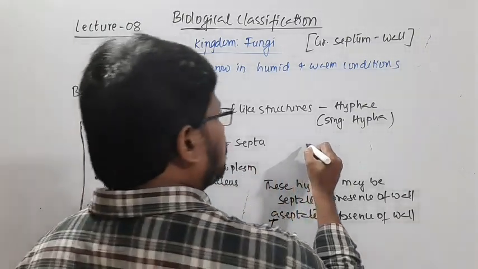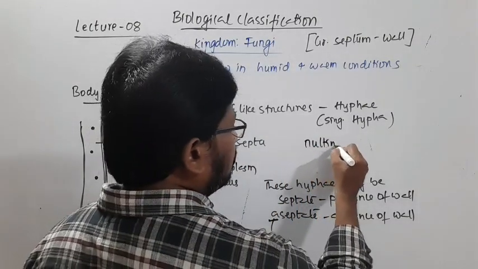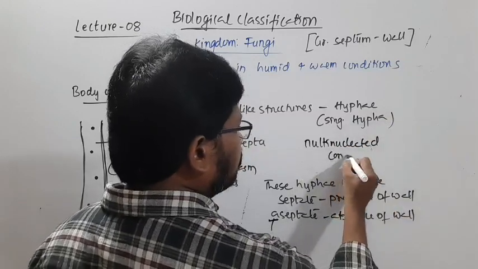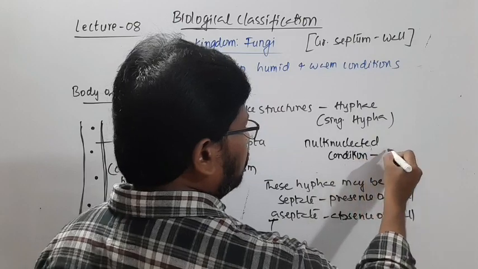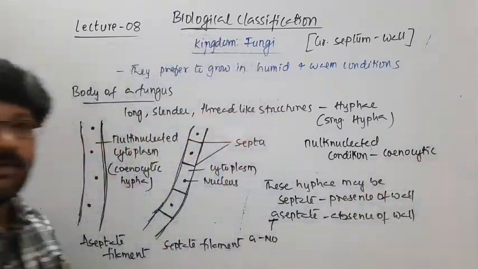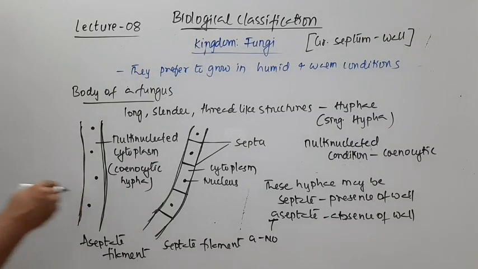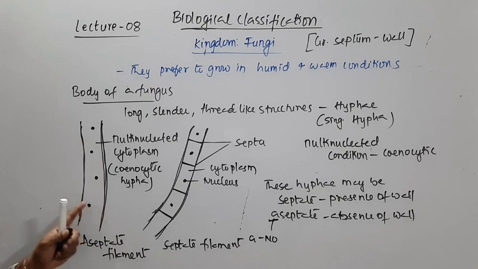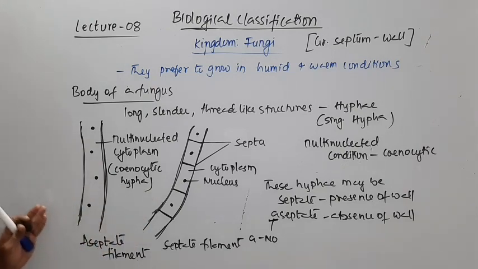So the multinucleated condition is what we call coenocytic. This is a coenocytic condition because of the absence of transverse partitions, that is, septa are not present. It all looks like one single cell with many nuclei.